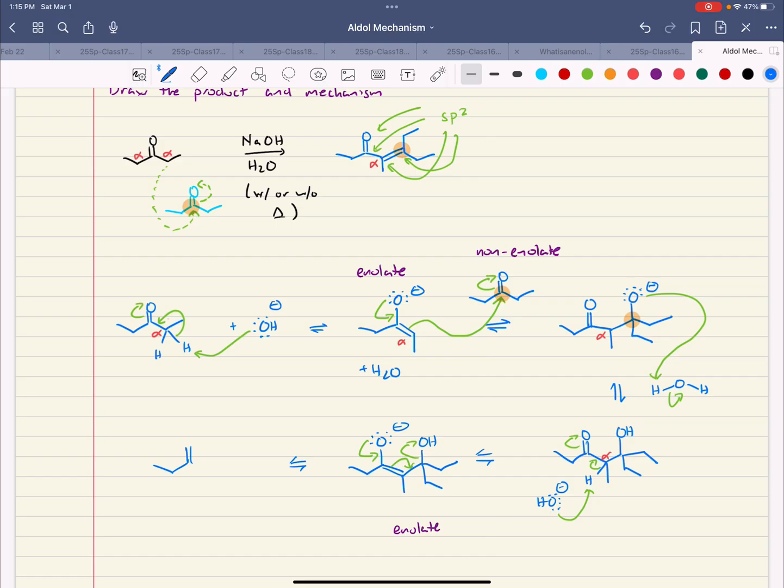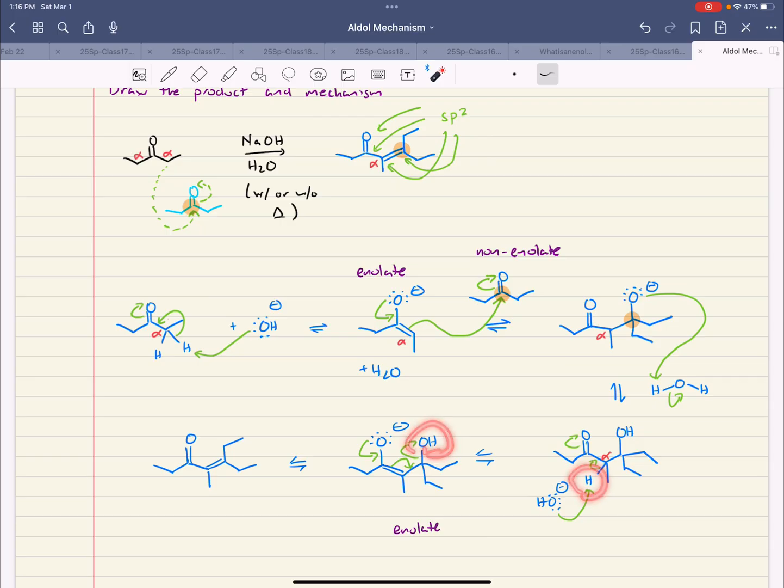And from Organic Chemistry 1, you know about acid-catalyzed dehydration of alcohols. But this is not acid-catalyzed. And we separate the steps between the deprotonation and the kick out of the leaving group.